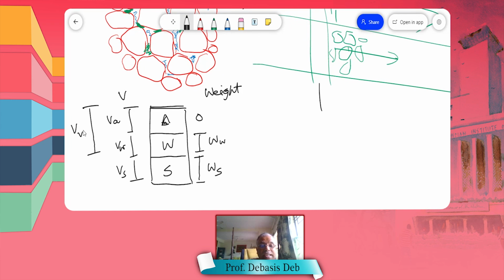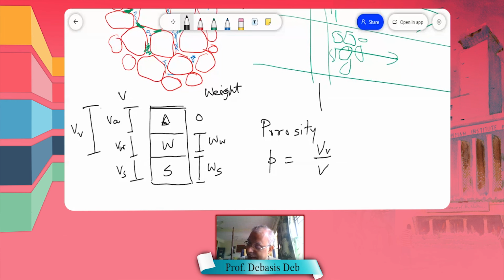Okay, now what is porosity? First definition, porosity. We define it by a parameter called n, and this is volume of void by the total volume.